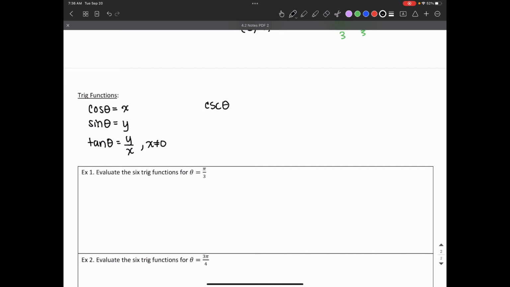Cosecant of theta, actually let's do secant because it's the reciprocal. So secant of theta would be 1 over x, where x cannot be equal to 0. Cosecant of theta is 1 over y, the reciprocal of this, where y cannot be equal to 0.